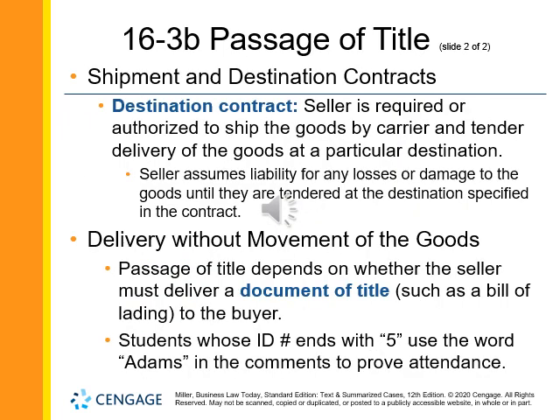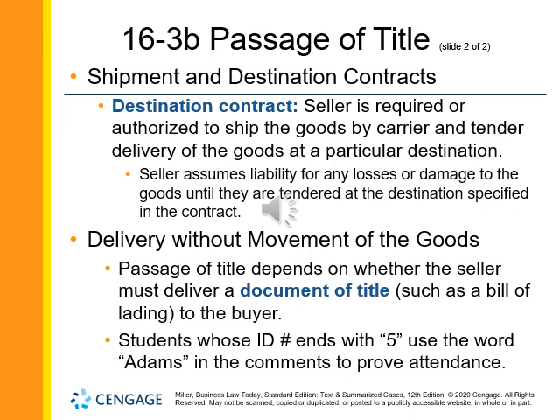For destination contracts, which is a contract for the sale of goods in which the seller is required or authorized to ship the goods by carrier and tender delivery of the goods at a particular destination, the seller has assumed liability for any losses or damages to the goods up until the point at which they are tendered at the destination specified in the contract.